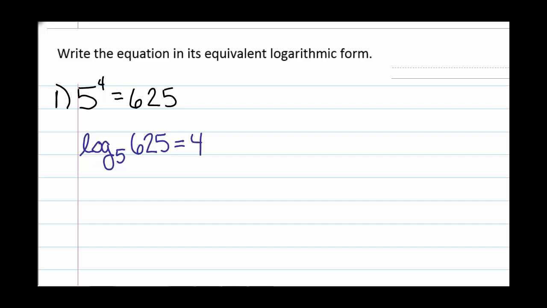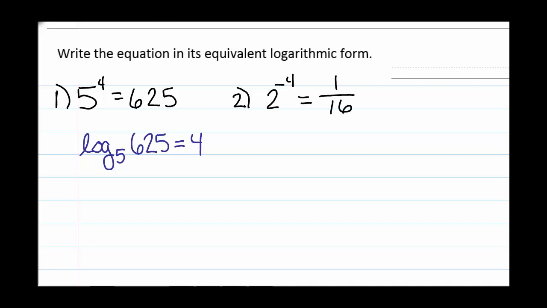So now another example. Let's say I have something like 2 to the negative 4 equals 1 divided by 16. So again, this is just a true statement. All I'm doing is rewriting it in its equivalent logarithmic form.